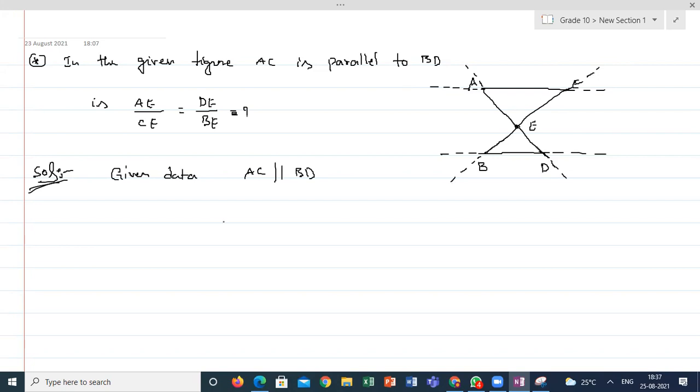The dotted lines are to understand where corresponding angles and alternate angles will come. So I'm taking two triangles here. What are the two triangles I can take here? Triangle AEC. This is point C, guys. Don't confuse. This is a point C.